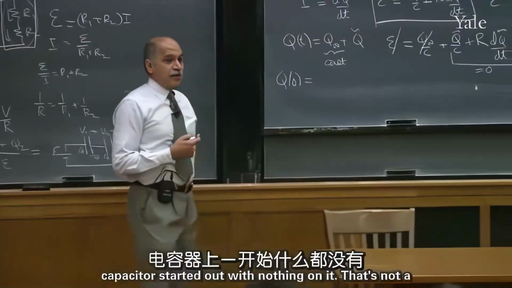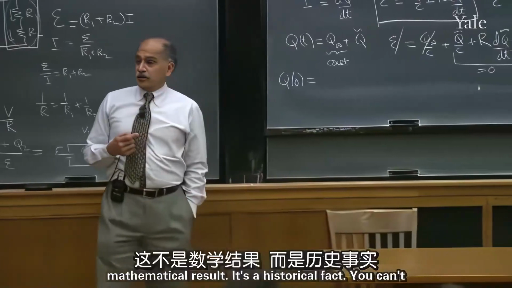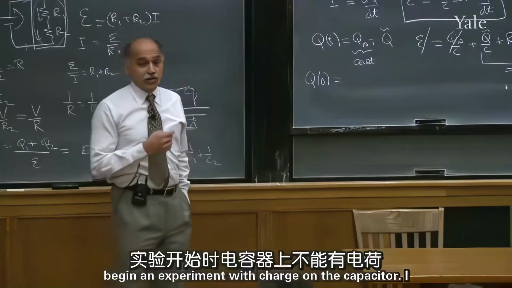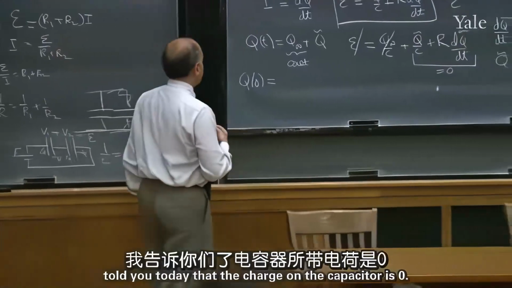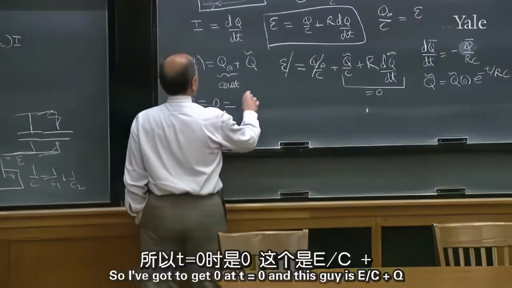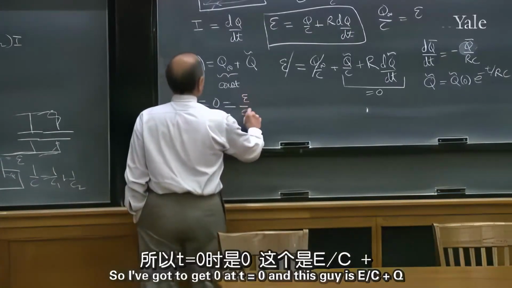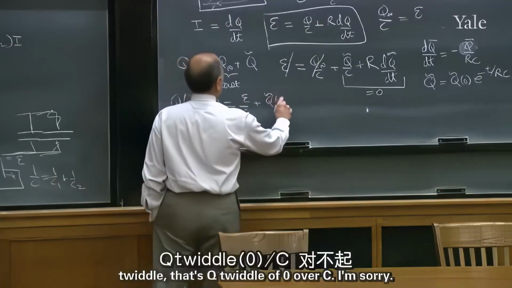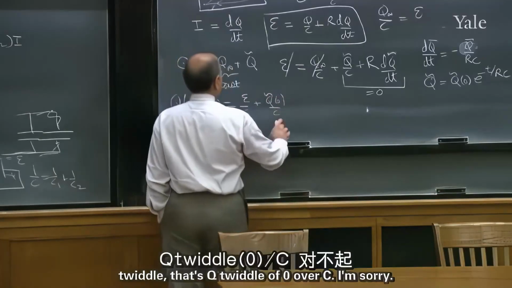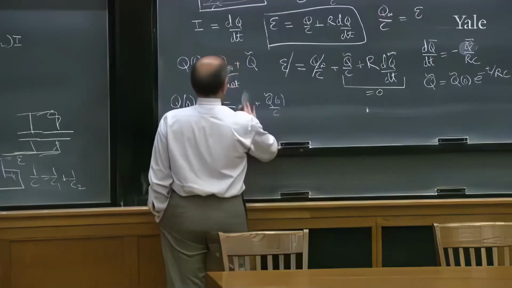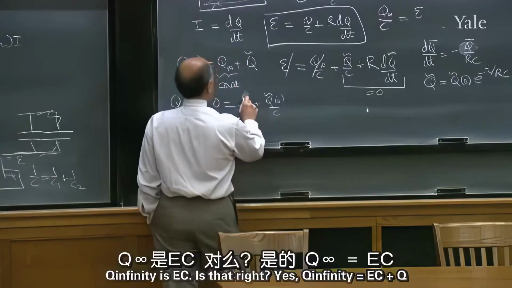If that's not a mathematical result, it's a historical fact. You can begin an experiment with charge on the capacitor, but I told you today that the charge on the capacitor is 0. So I've got to get 0 at t equal to 0. And this is E over C plus Q twiddle of 0 over C. I'm sorry, Q infinity is EC. Is that right?